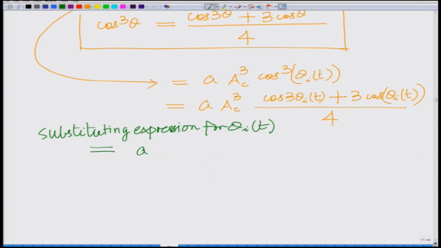So, a A_c cube divided by 4 cosine 3 theta_i(t), that is cosine 3 into 2 pi f_c t.